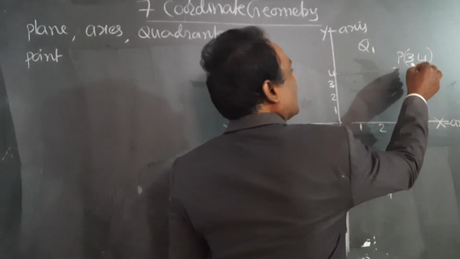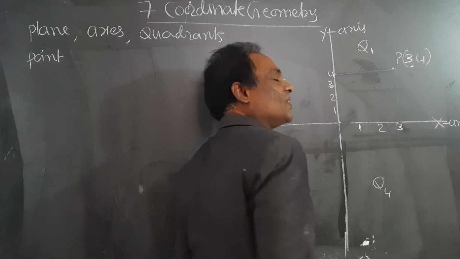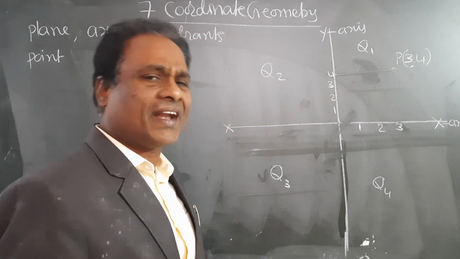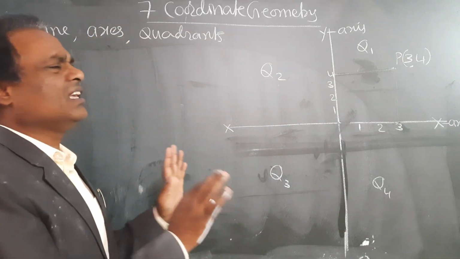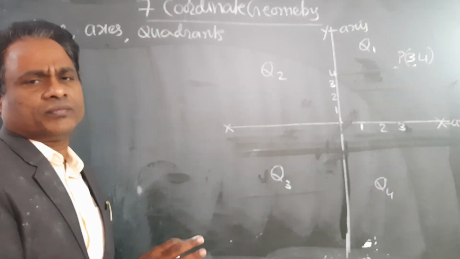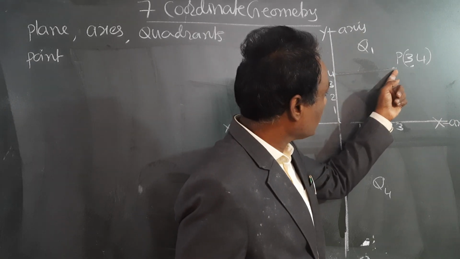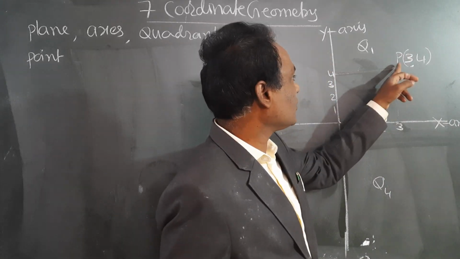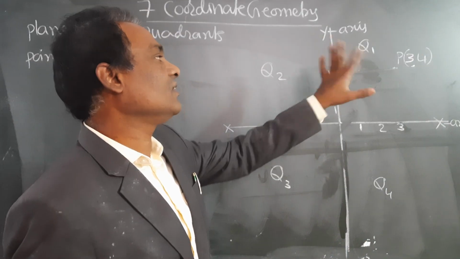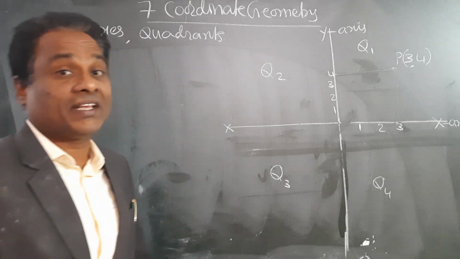In other words, the first is also called abscissa, and the second coordinate is called ordinate. Abscissa and ordinate we also use as terms, but generally x coordinate, y coordinate is enough. Horizontal distance becomes the x coordinate, vertical distance becomes the y coordinate. So this is how we represent a point.